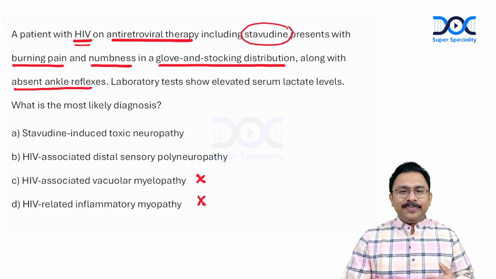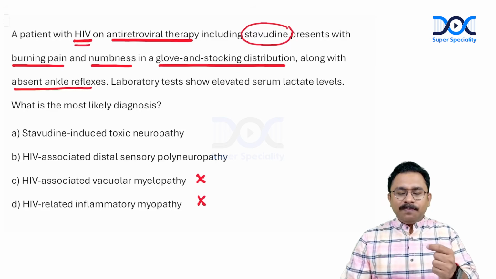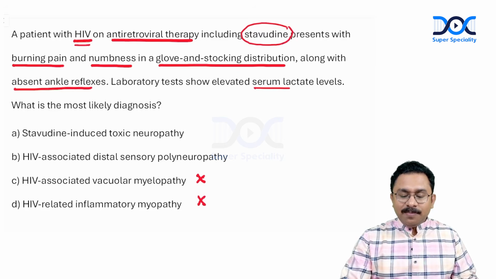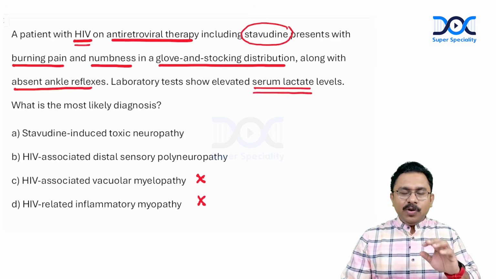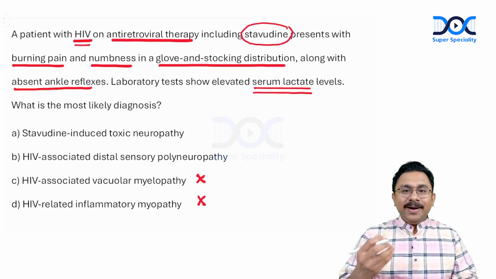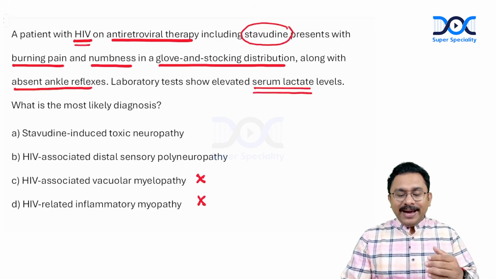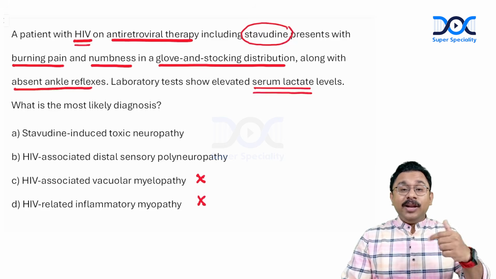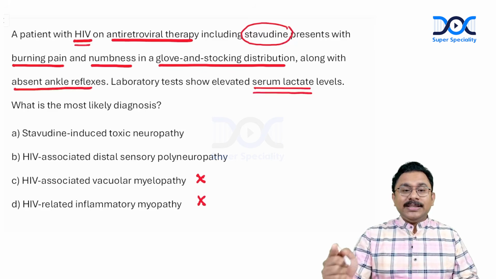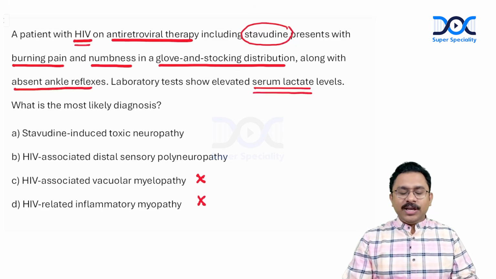What do you think? I think the most important point here is serum lactate levels, which are elevated, because stavudine can cause some mitochondrial damage, and because of which the lactate levels are likely to be elevated in patients with stavudine induced toxic neuropathy.